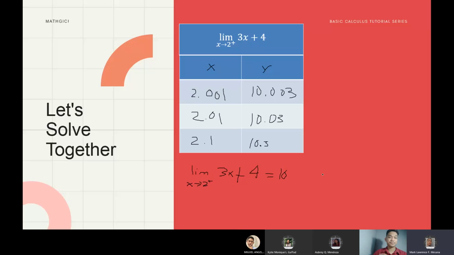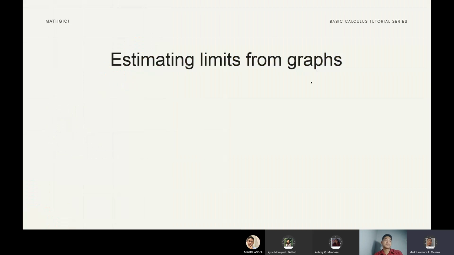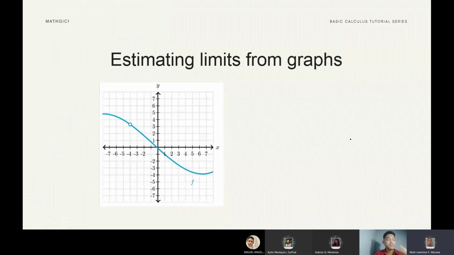So we can say that the estimate value of our new example, our function, is equal to 10, estimating limits from the graph. So here we have a new example, a graph. We can estimate it by just looking at this point.